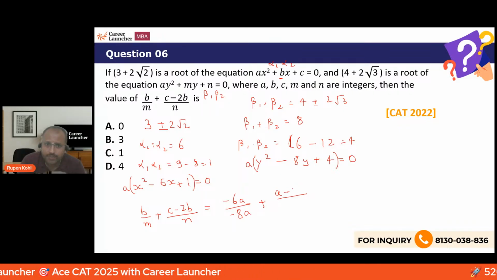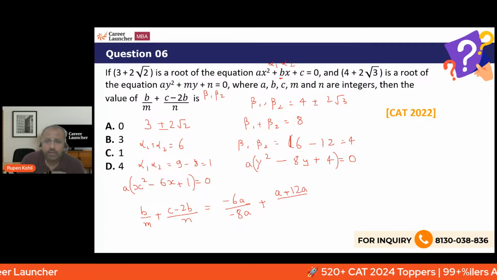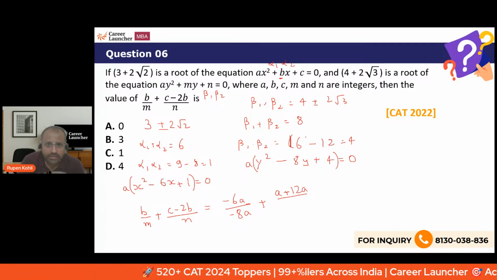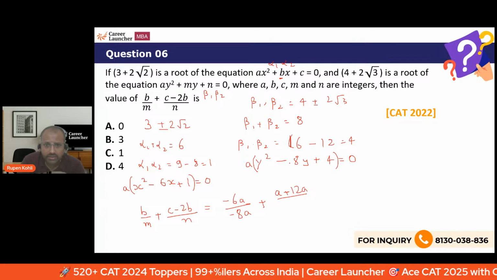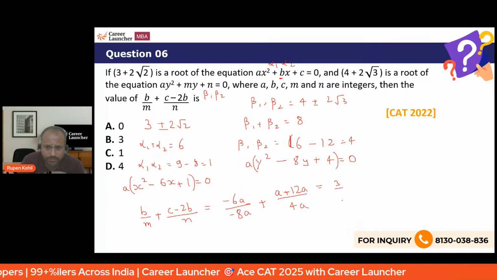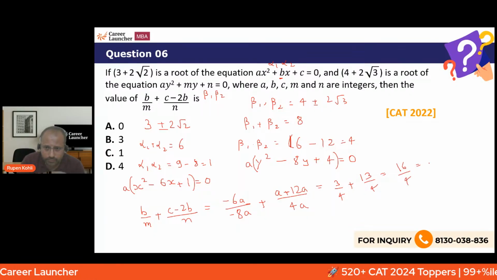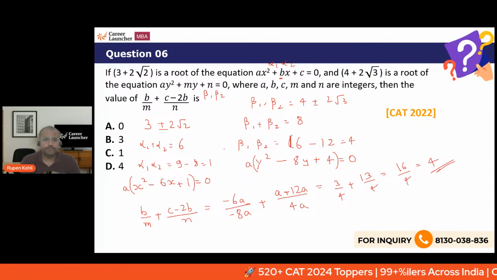Minus 2 times minus 6a, which will be plus 12a, over n. N is the constant of the other quadratic, so that is 4a. Just finish the calculation. You have 3 by 4, plus 12 by 4, and this is 15 by 4 plus 1, so this is 16 by 4, which is 4. Perfect. 4.